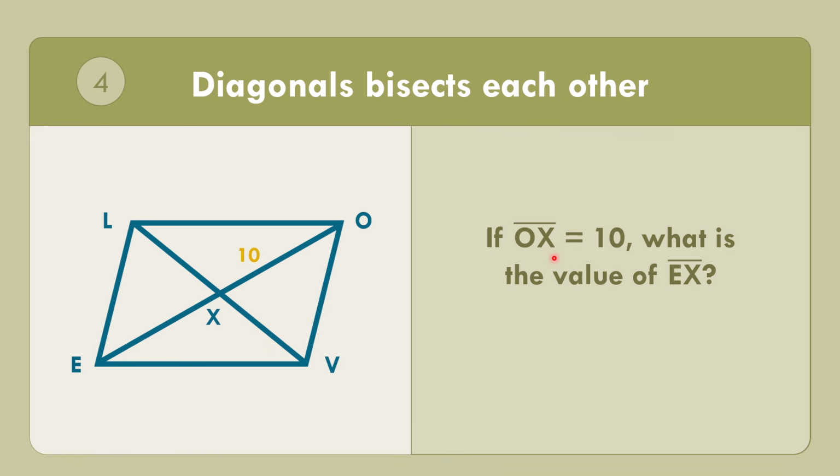If line segment OX is equal to 10, what is the value of the line segment EX? If line segment OX is congruent to line segment EX, it means the value of the line segment EX is equal to 10 because diagonals bisect each other.